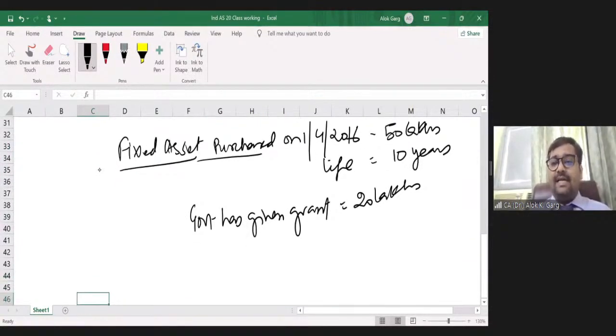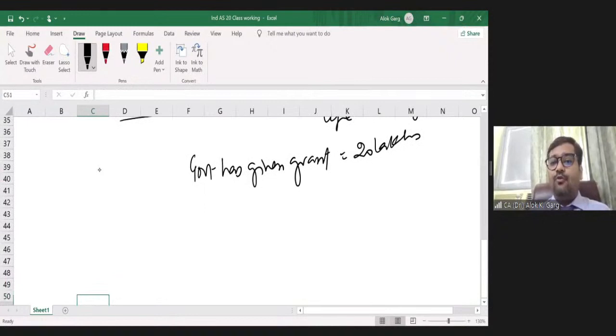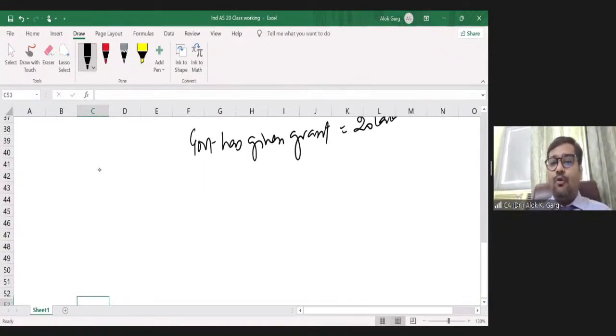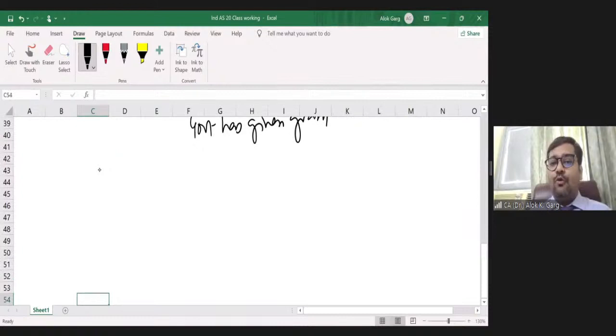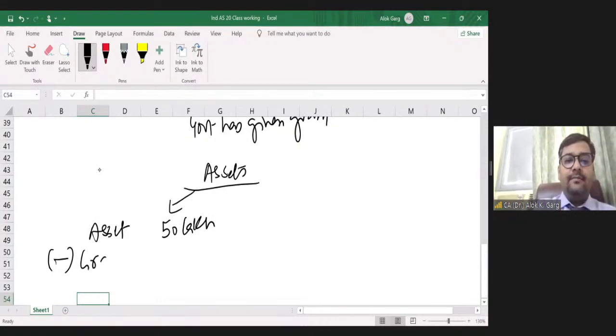So the standard says that in this case there are two options. We will discuss. In option one, the asset has to be shown at a net value, meaning 50 lakh cost incurred minus grant 20 lakh.